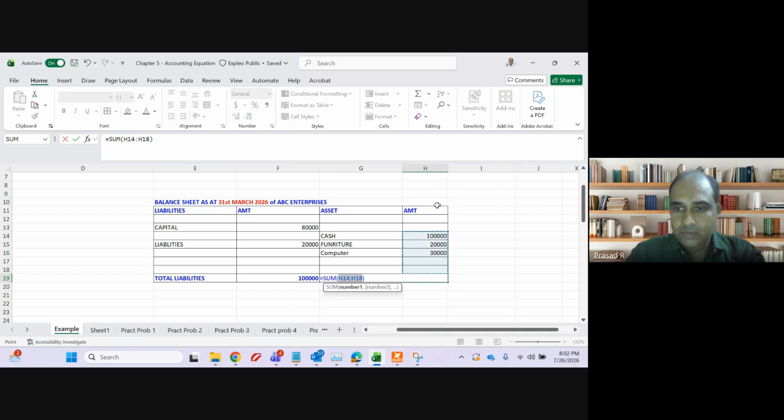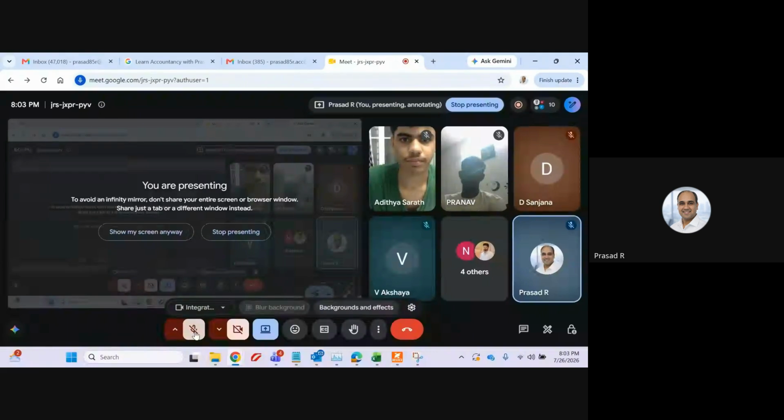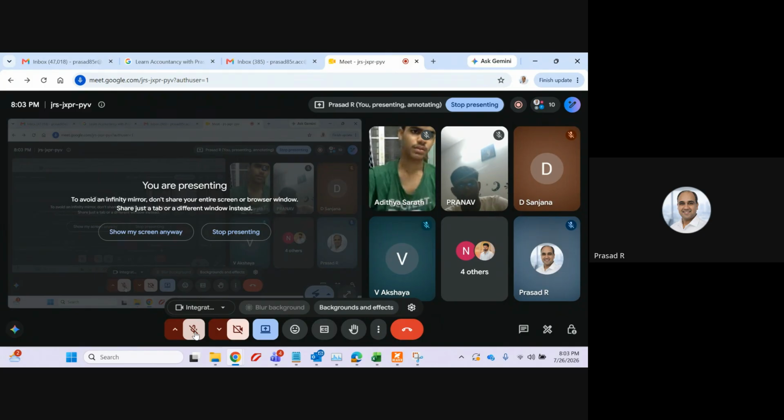My total of the asset side has become 1,50,000, and I will introduce debtors for 50,000.